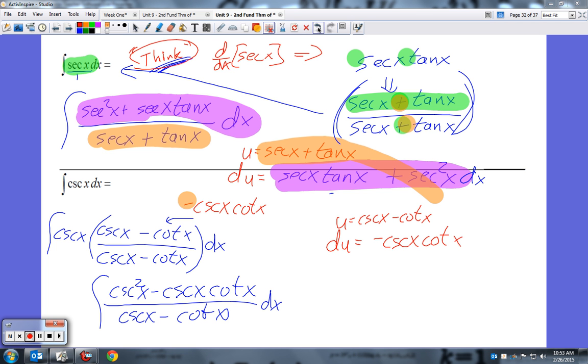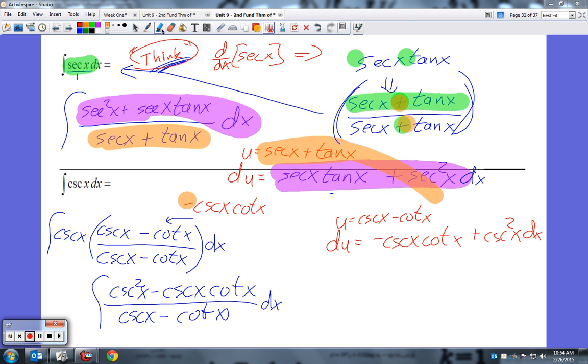Okay, let me ask you this. What's the derivative, Andrew, of cotangent of x? If you can picture it, if you were visual, it's the sixth one, second column on the bottom. It's the negative cosecant squared of x. We're subtracting the negative cosecant squared, so it's truly adding cosecant squared of x dx.